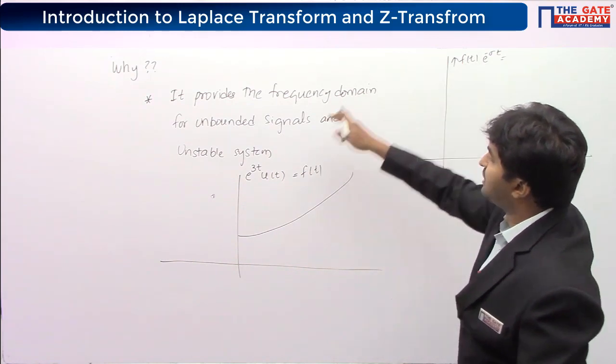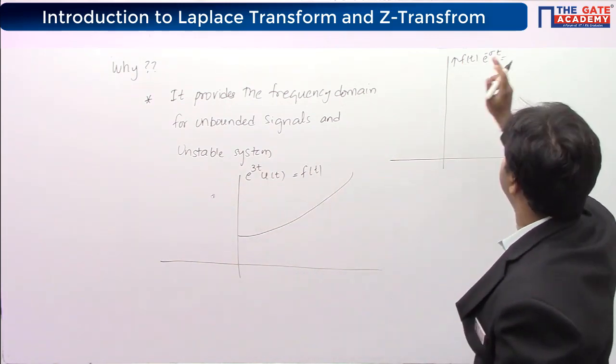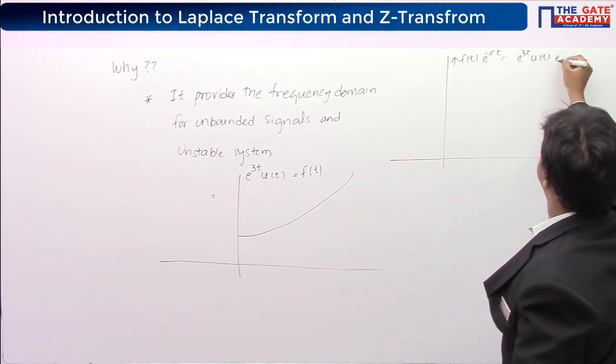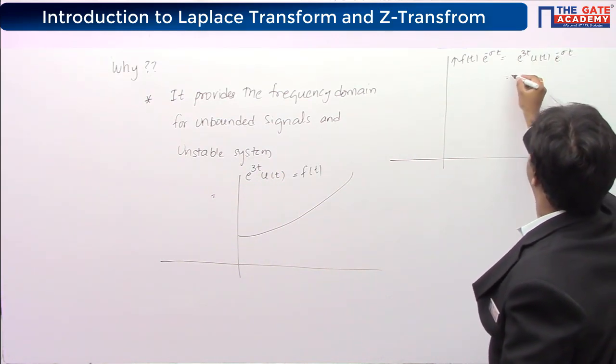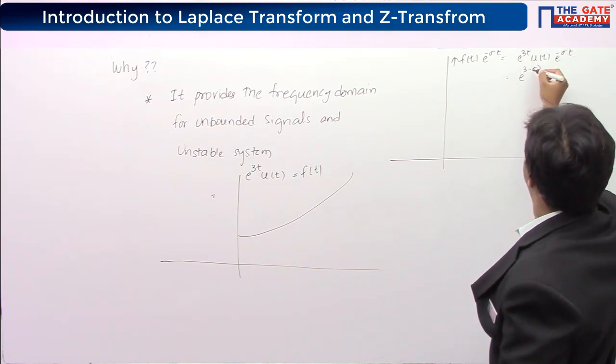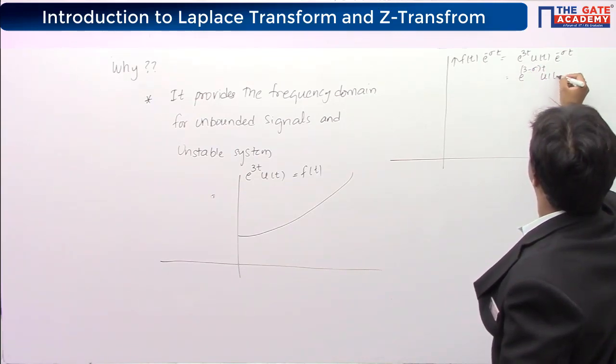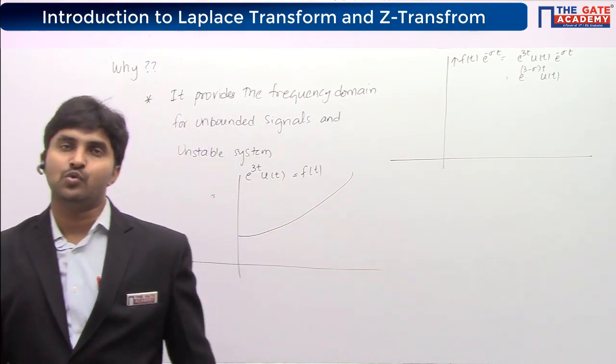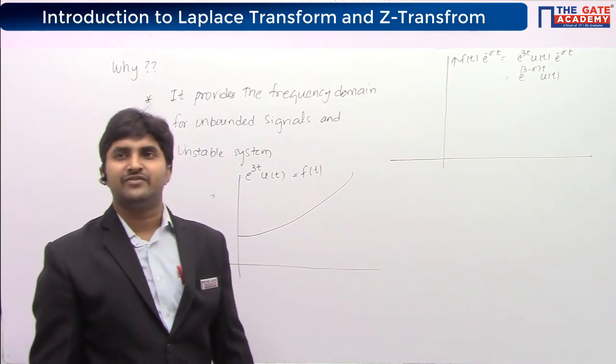This function can be written as e power 3t u of t multiplied with e power minus sigma t. This becomes e power (3 minus sigma)t u of t. Now I will vary the different values of sigma.